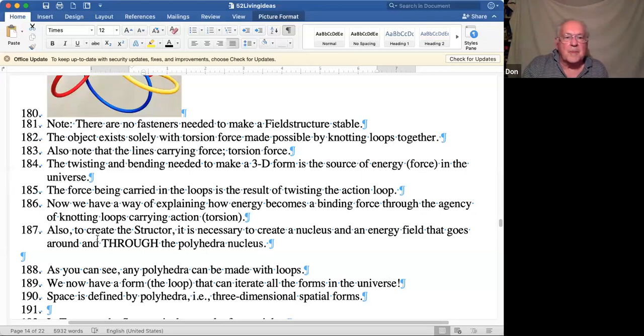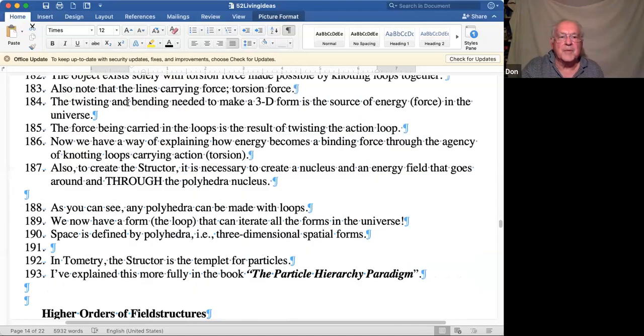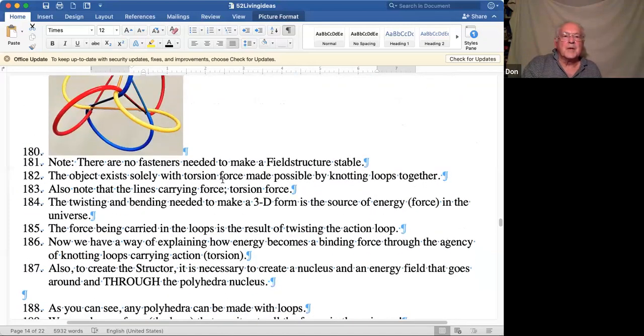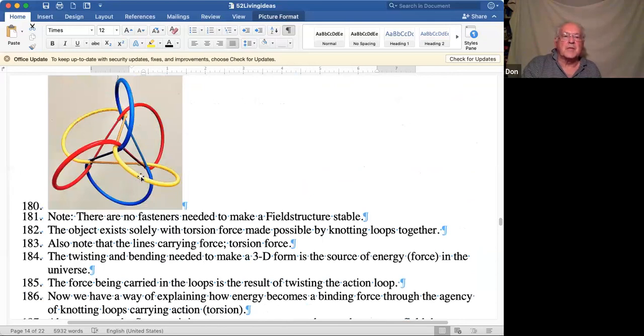Okay, so to create the structure, which is this form here, it is necessary to create a nucleus, and the energy field that goes around and through the nucleus is necessary. So what we have in this form here is that we've taken the other wave that was in here and sequestered it to that nucleus.